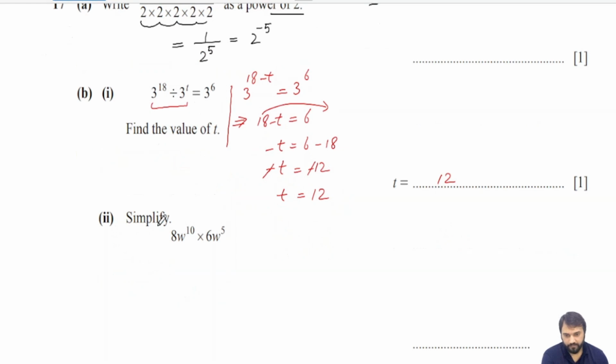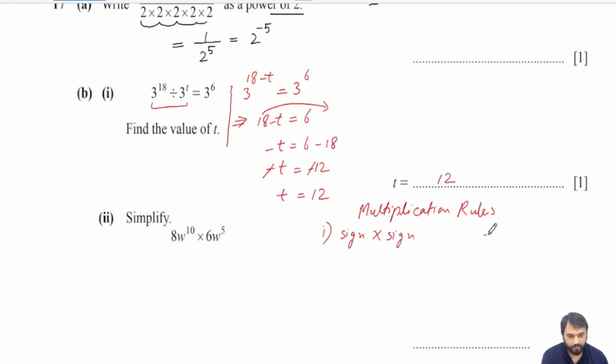In part 2, we have to simplify 8 into w raised to power 10 into 6 into w raised to power 5. So these two terms are multiplied. We are going to apply the multiplication rules here. Number 1, first of all, the multiplication rule: sign will be multiplied by sign.